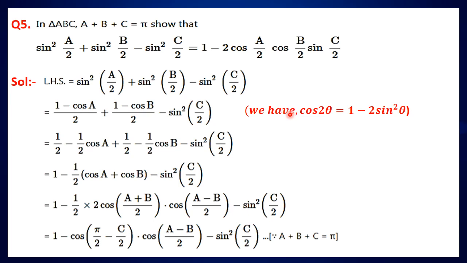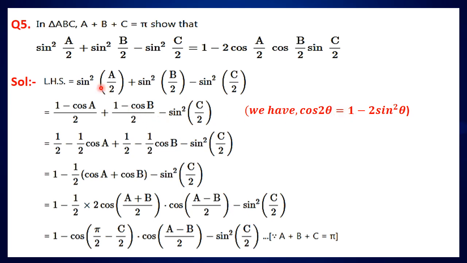So we apply the formula cos 2θ is 1 - 2 sin²θ. Then taking the sine square term to the LHS, we get 2 sin²θ is equal to 1 - cos 2θ, and sin²θ is (1 - cos 2θ)/2.